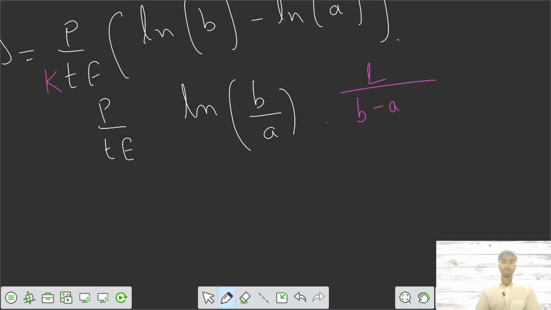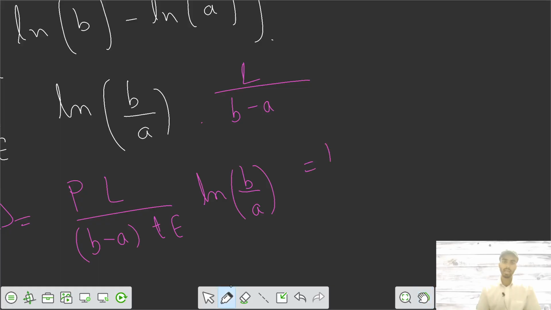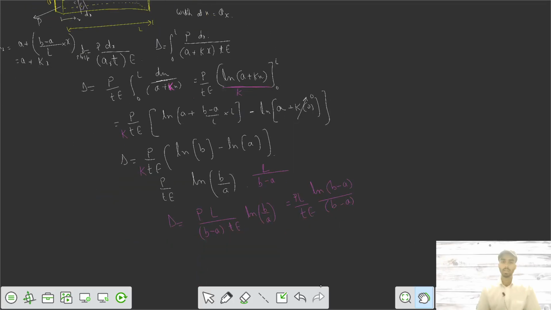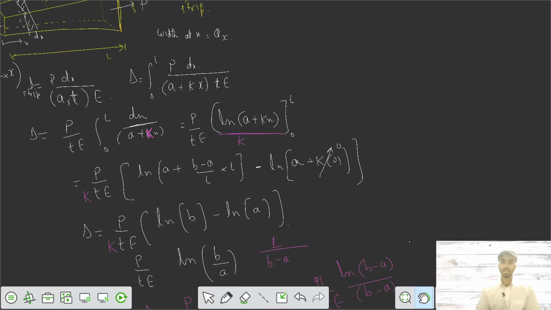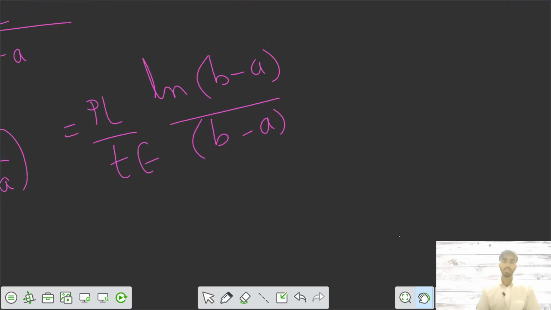So your equation becomes delta equals PL by (B minus A) tE ln of B by A. Or you can write it as PL ln of B by A over (B minus A) tE. This result is very important.